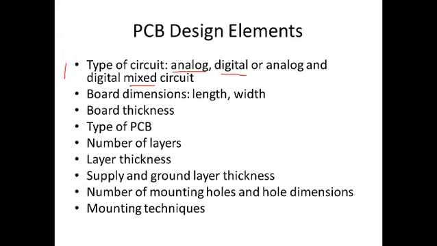To avoid that, you have to separate analog circuit and digital circuit. Then the second part is board dimensions. What should be the length, what should be the width of the board. Third is board thickness. Fourth is the type of the PCB, single-sided or double-sided PCB.